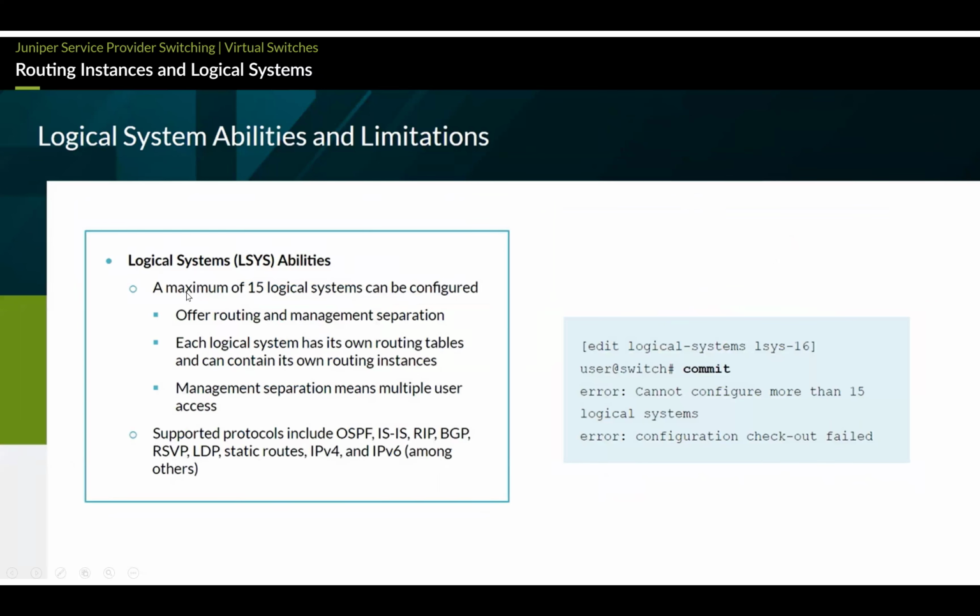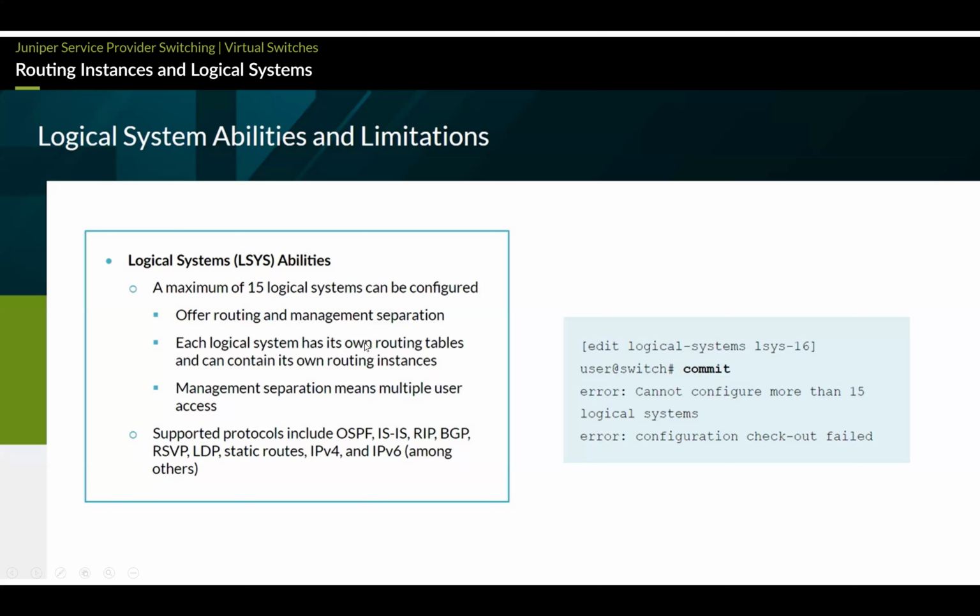Logical systems have some abilities and limitations. Here, a maximum of 15 logical systems can be configured; you cannot configure more than 15. That is a limitation. For routing and management separation, a logical system has its own routing table and can contain its own routing instances.